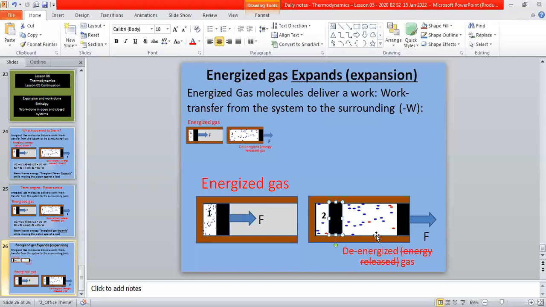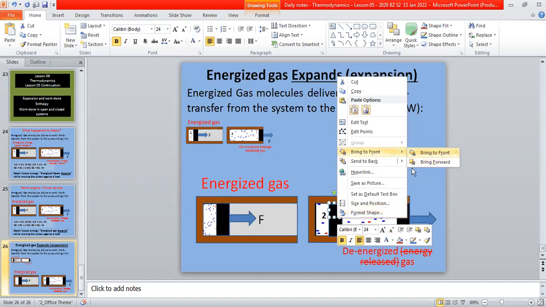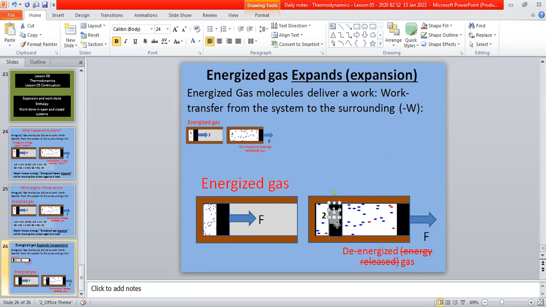This is the state 1 position. This is the 2 position.